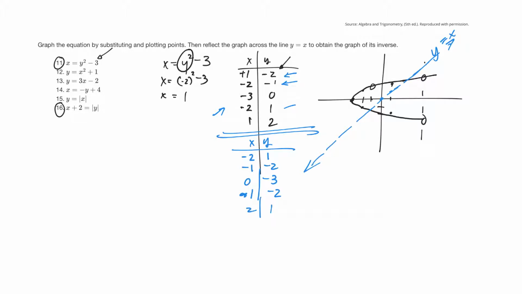And then I can just plot those points. -2 and 1 would be about there. -1, oh no, -2 and 1 is here. -1 and -2 would be about down there. 0 and -3 would be about here. 1 and -2 would be about there. And 2 and -1 would be about there.